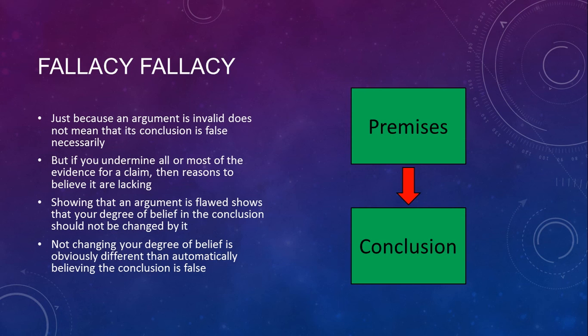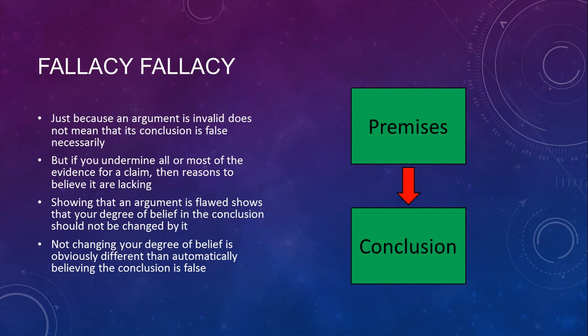You have some degree of belief in the conclusion before you listen to the argument. If you show that an argument for it is invalid, it doesn't mean that your belief in the conclusion should go up or down. It means it should stay the same as it was before you heard the argument. So if you thought it was really implausible and somebody gives you an argument that contains a fallacy, you should continue to think it's really implausible.